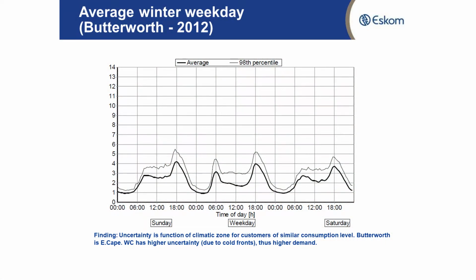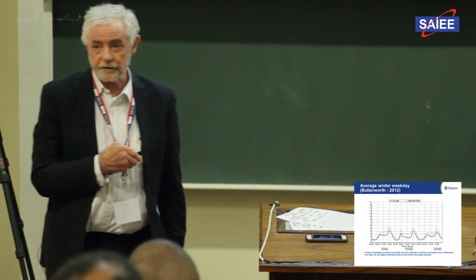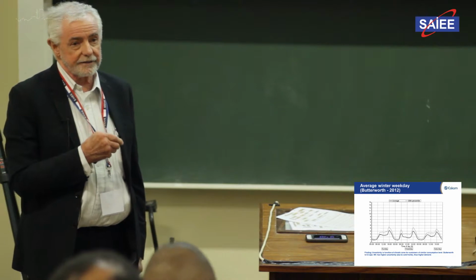This is also something to look at, which is the climatic zone, your temperatures. You'll find this is in Butterworth. These are normally people waking up in the morning and coming home at night. But you can also find uncertainty due to cold fronts, for example in the Western Cape, where one week is very low, even in the same season.